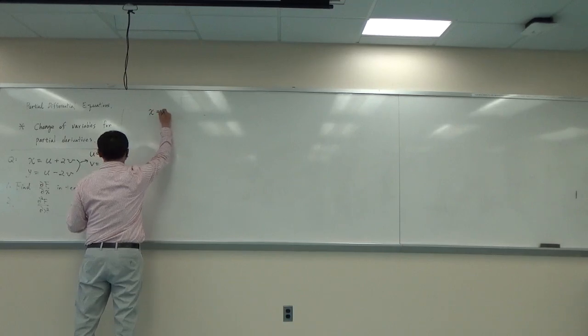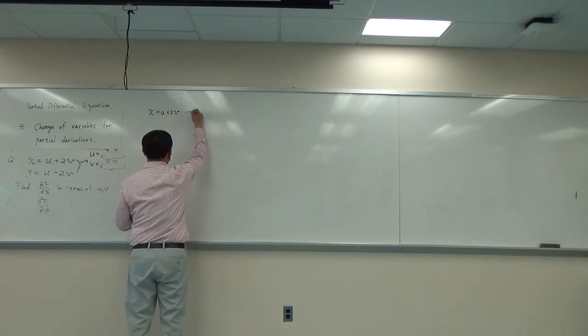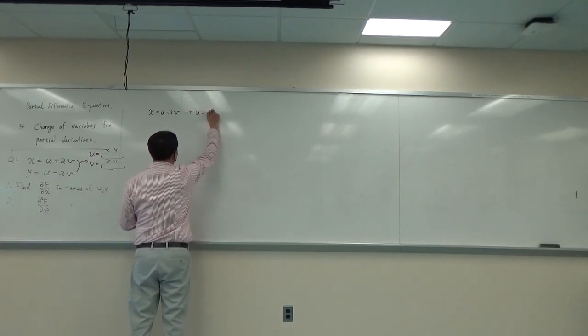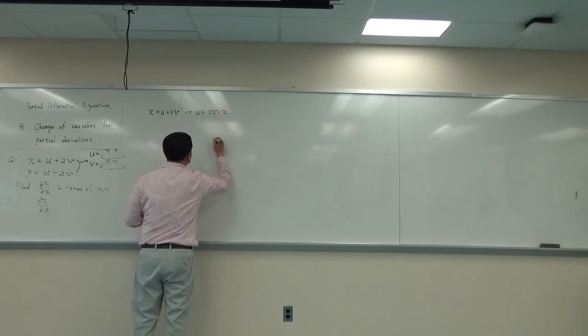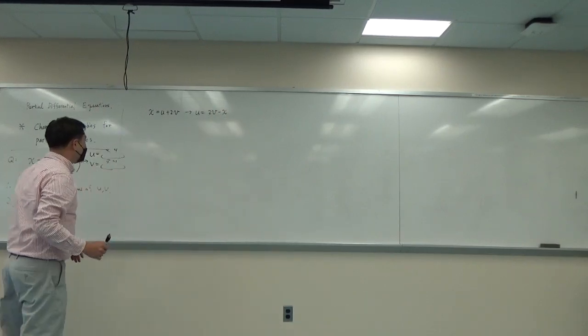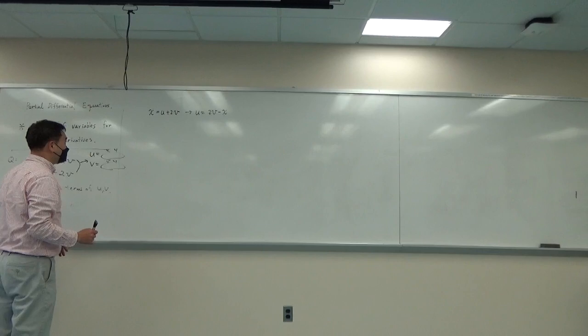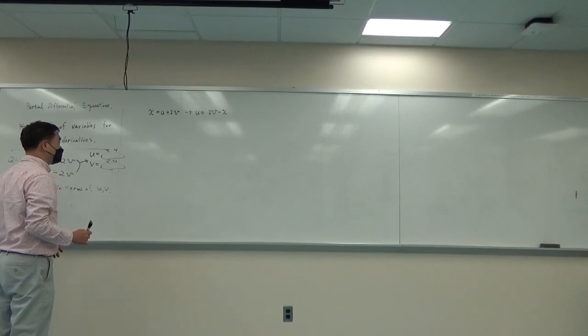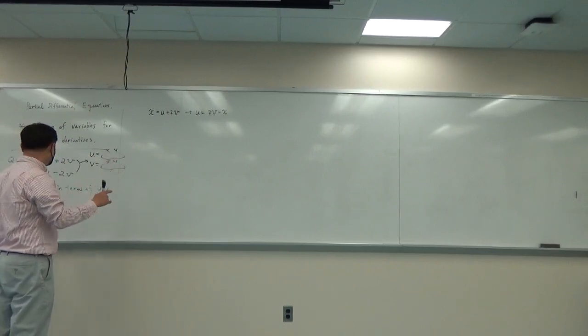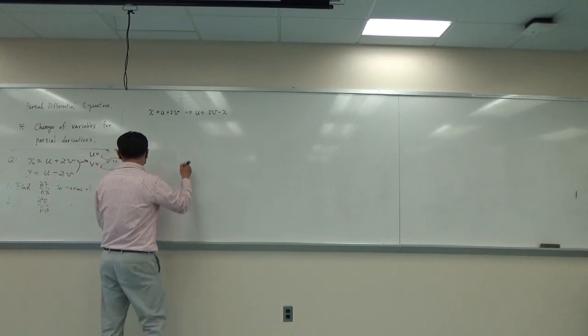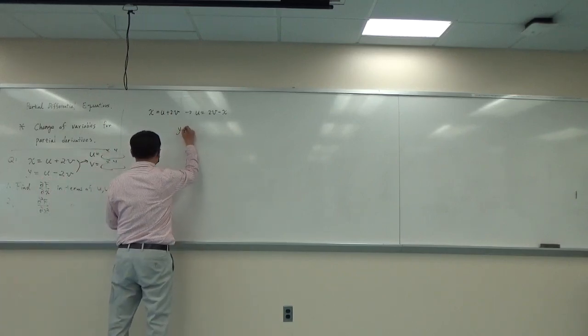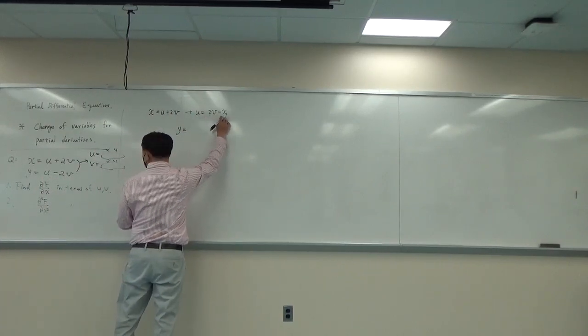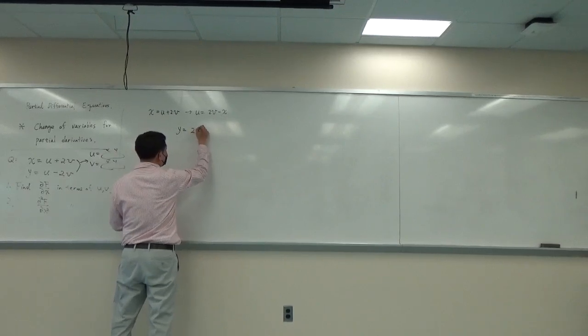If x equals u plus 2v, solve for u. And then once you have that, you can plug that into the next equation. So y, u equals 2v minus x, so you put it here.